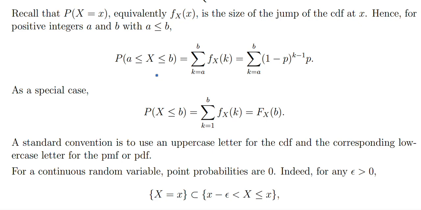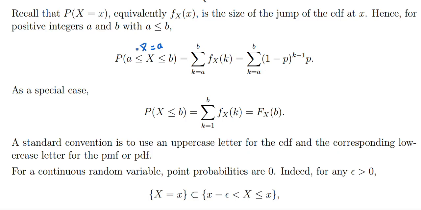Why are we summing up the PMF while calculating this? The probability that X equals a is the jump at x equals a.